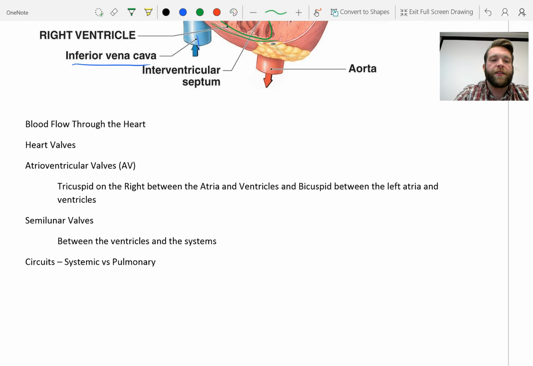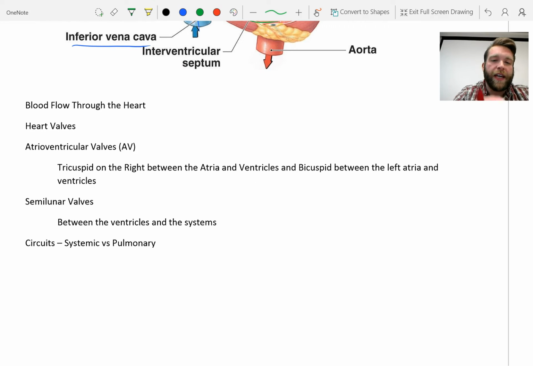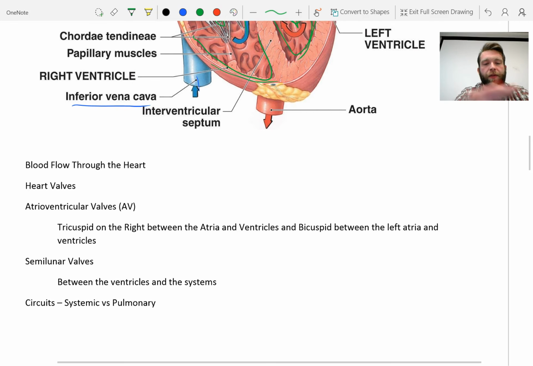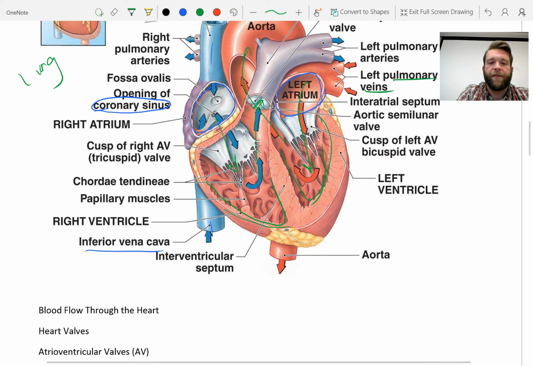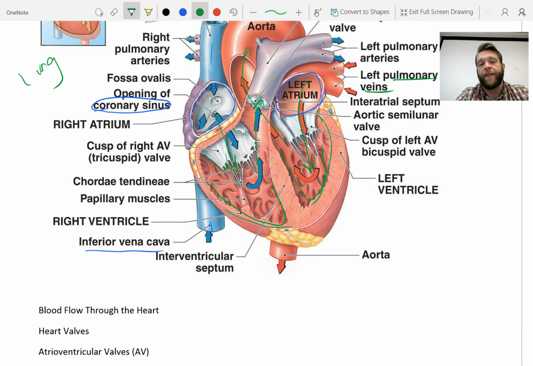So if we follow the blood flow, we'll reference that image a couple times as we discuss this. There's a couple features that we need to look at, in addition to some internal features, before we get through the whole circuit of the systemic and pulmonary systems. All right, so with our heart, we have these valves that are between all of the different parts of our heart. You have valves if we're going from our atria to our ventricles, and then from our ventricles out to the vessels.